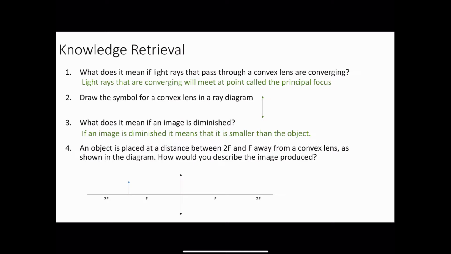Well, we looked at these last time, so you can either remember exactly what those images would look like, or you could draw onto your diagram to see exactly what kind of image would be produced. So I know that the image is going to be real because it's going to be formed where the light rays actually converge. I know it's going to be inverted and I know it's going to be magnified.